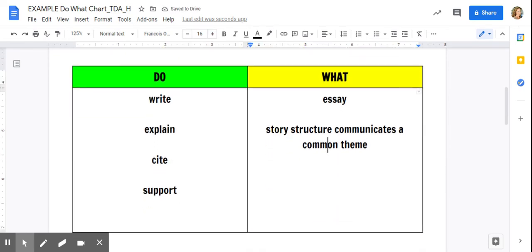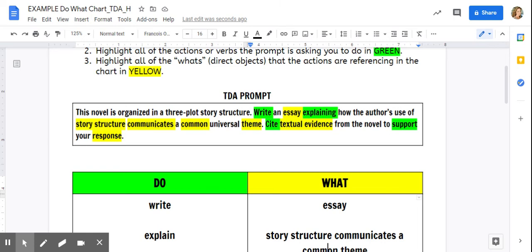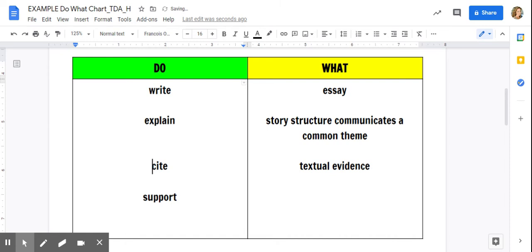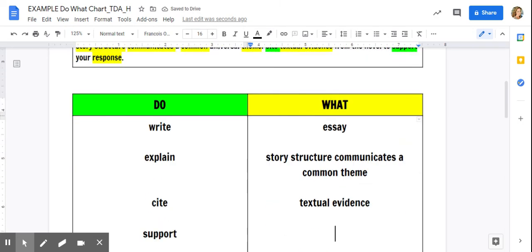All right, cite. Cite what? It's going to be textual evidence. So we're going to have to go into the book and find some quotes. Okay. And then finally, we're going to have to find evidence that supports, it says up here, your response.